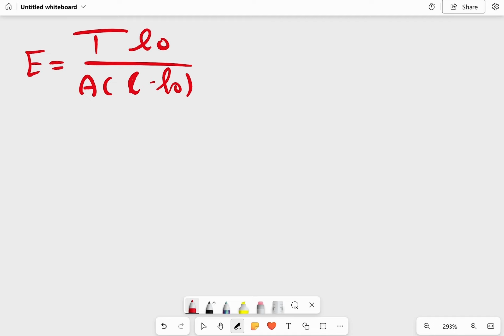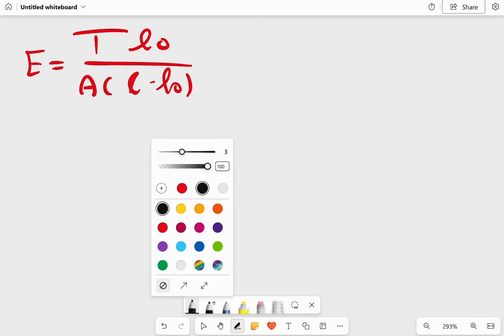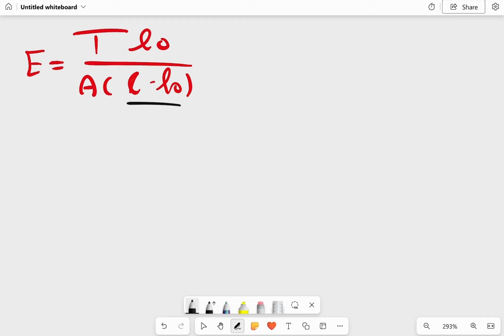Now guys, you have everything here. You have tension, you have initial length, you have area. We just found area, which is 3.14 times 10 to the power of minus 6. And you also have Young's modulus. How can I rearrange this equation?